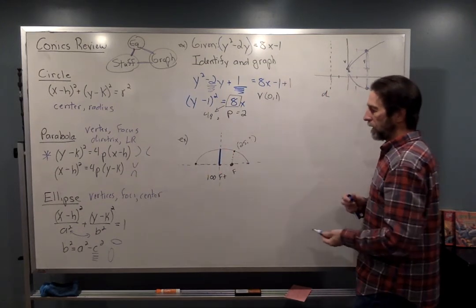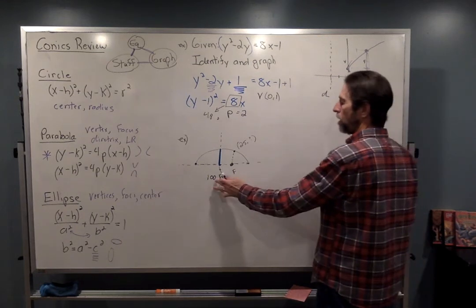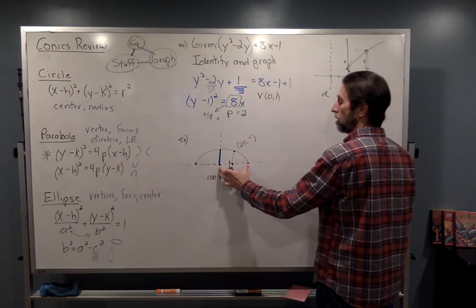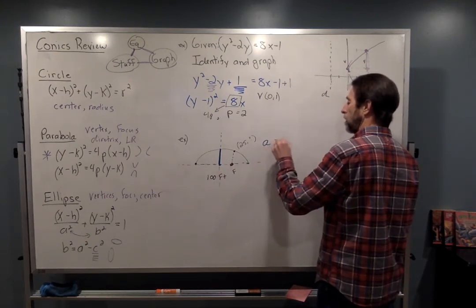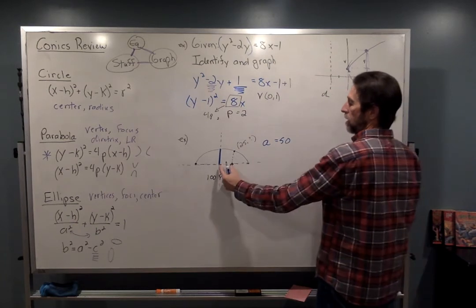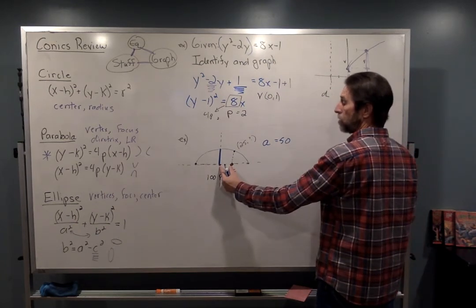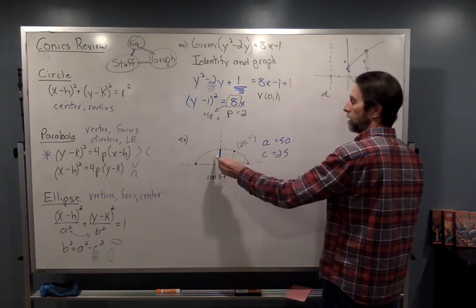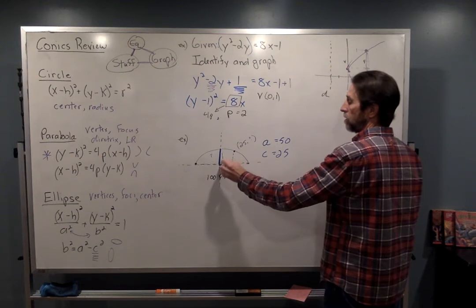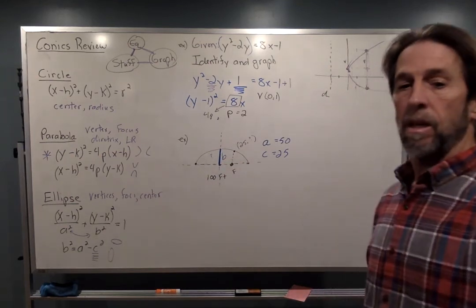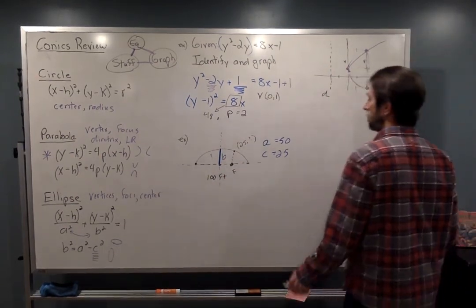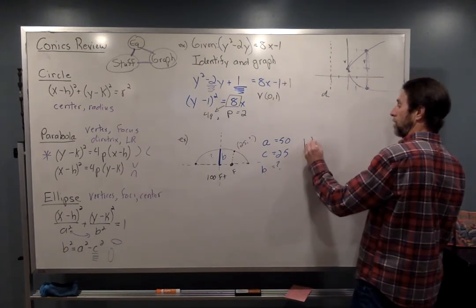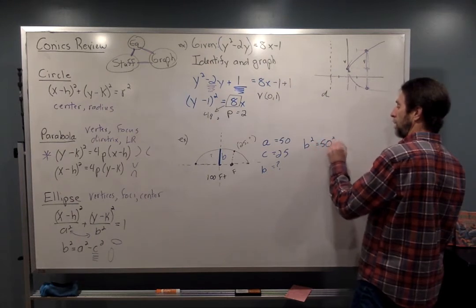Well, if we put all of this together, what have I really been given? One thing I've been given is that since this span is 100, as far as the equation goes, A is 50. The focus is 25 feet from that center, so that tells me C. And what we're supposed to find can be represented in the equation as B. So now I can simply write that B squared equals A squared minus C squared.